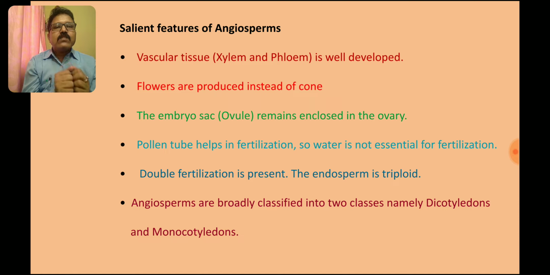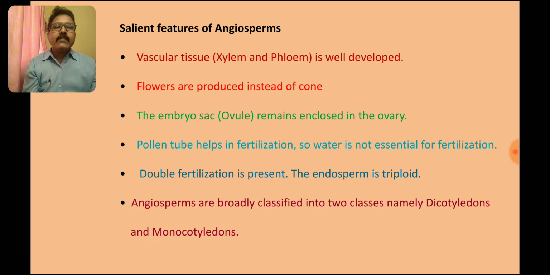So we focus on the salient features of the angiosperm. Angiospermic plants consist of well developed vascular tissues in the form of xylem and phloem. Flowers are produced instead of the cones that are produced in gymnospermic plants.